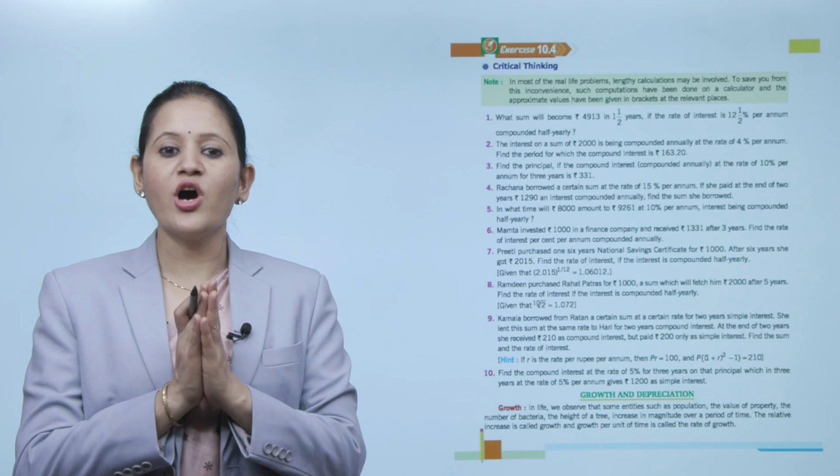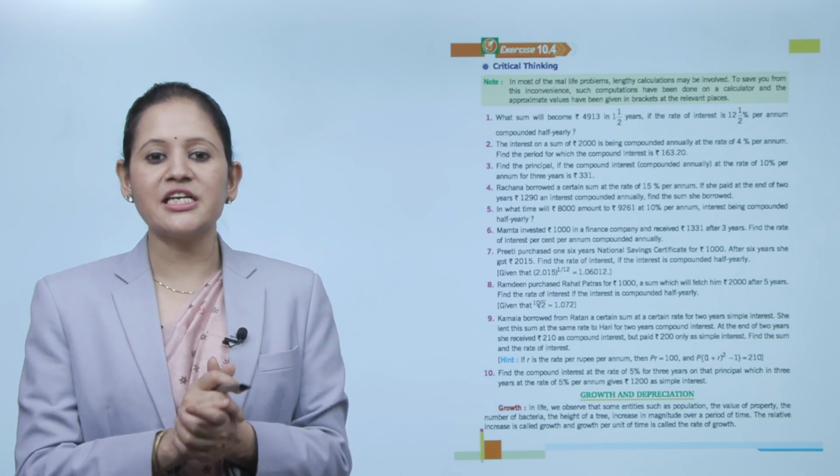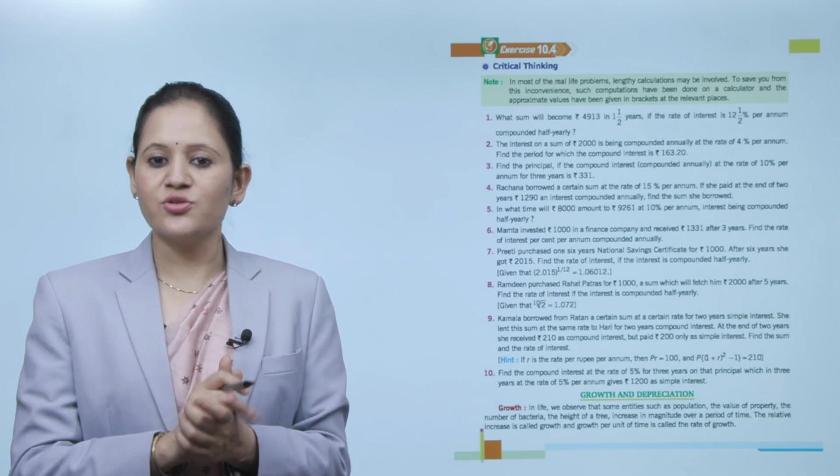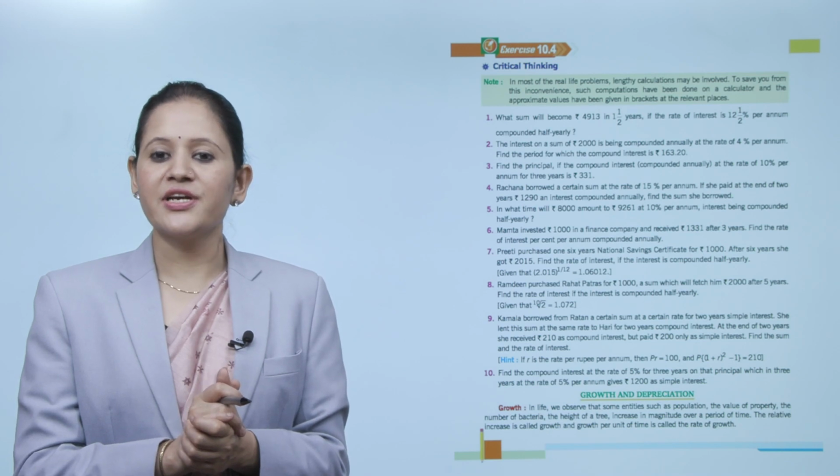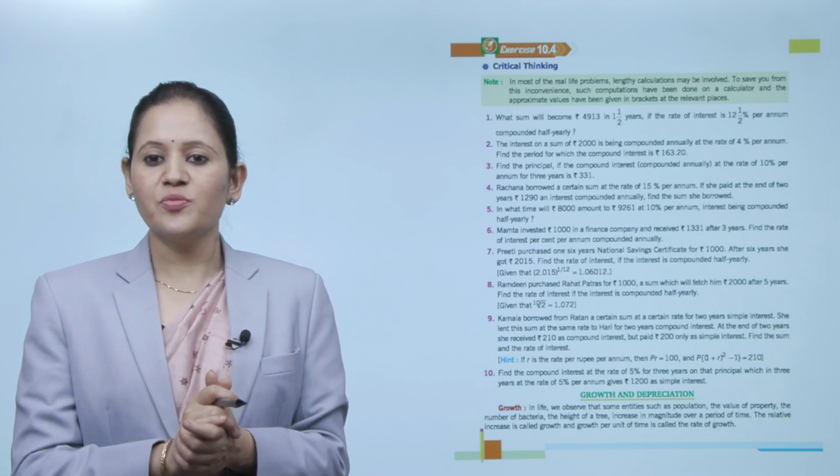So the question is, what sum will become rupees 4,913 in 1 1/2 years if the rate of interest is 12 1/2% per annum compounded half yearly?